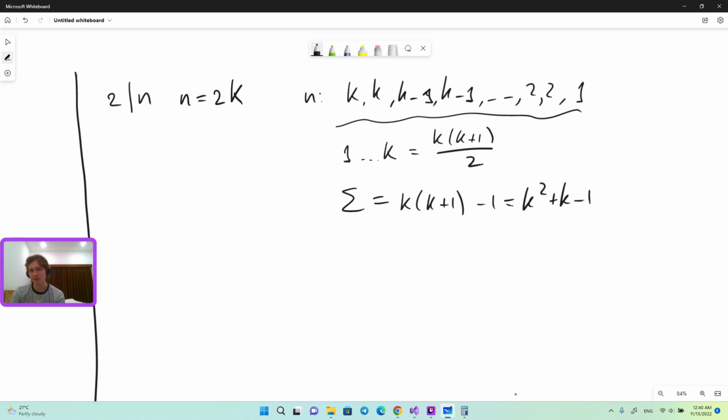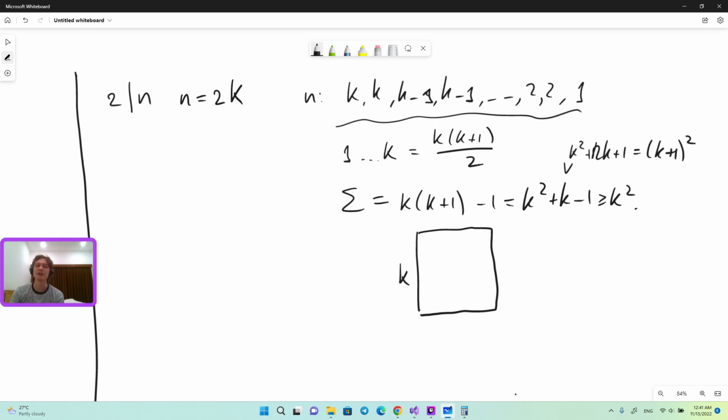So it is obvious that this is at least k squared. If we can find an example with exactly k squared, if we can cover this square with side k, then we win, and we cannot make any bigger because this is strictly less than k squared plus 2k plus 1, which is the next square size. And surprisingly enough, you can do it.